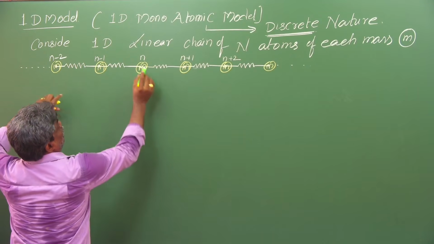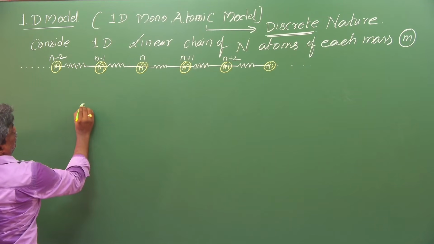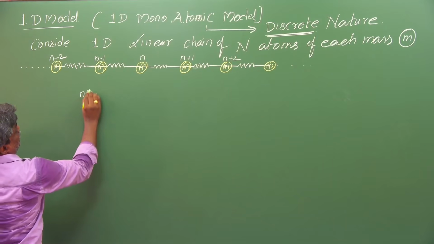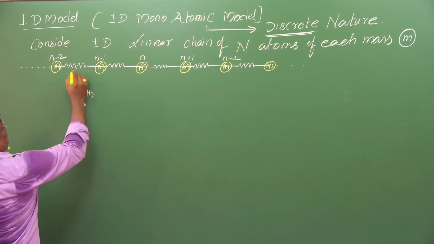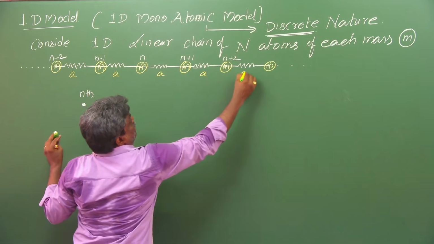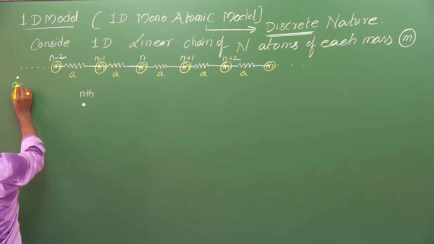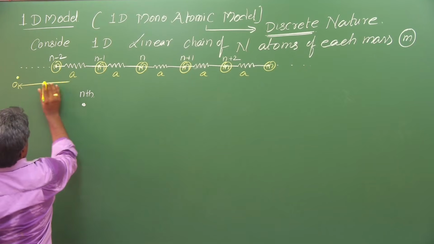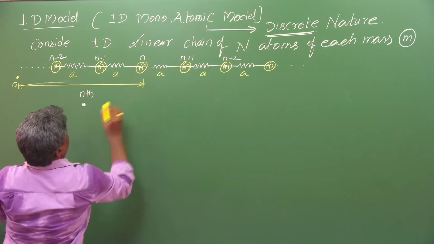And here I am taking the nth atom. That's why first let me take only one atom. If the lattice spacing is a, and somewhere I have the origin, could you please tell me the distance of this nth atom?